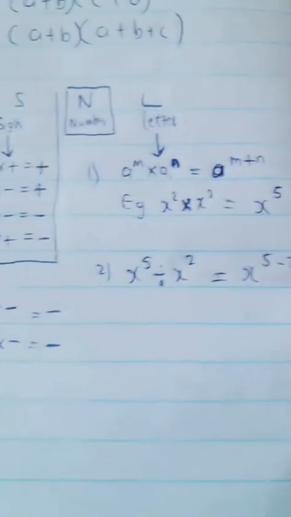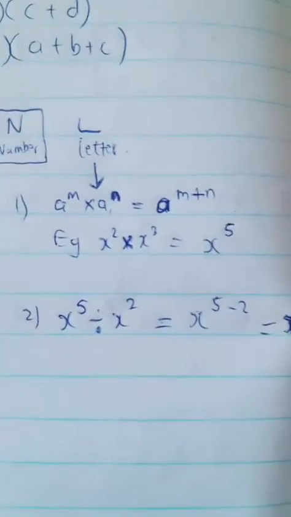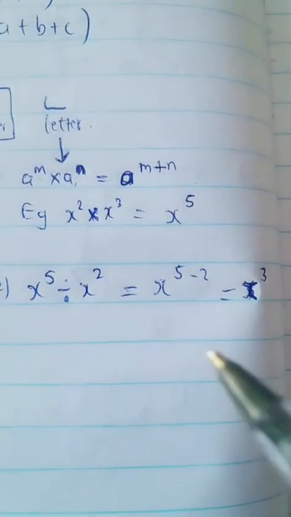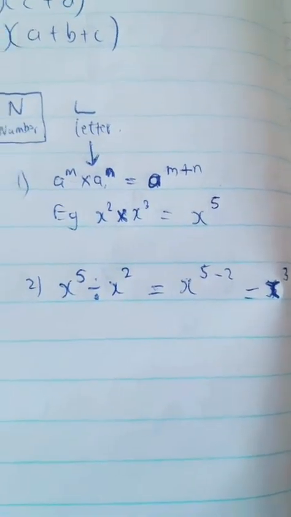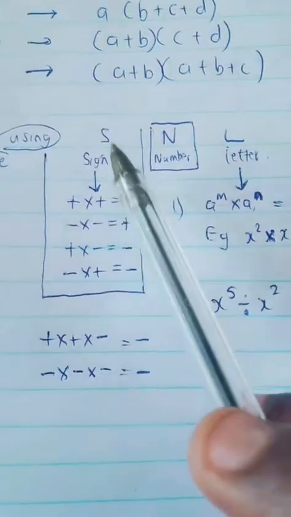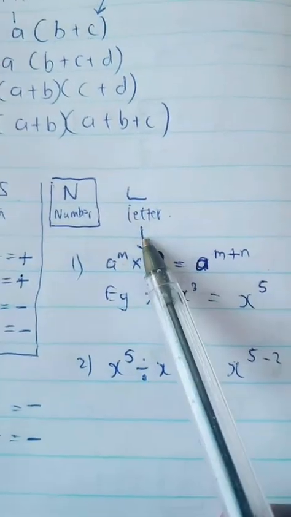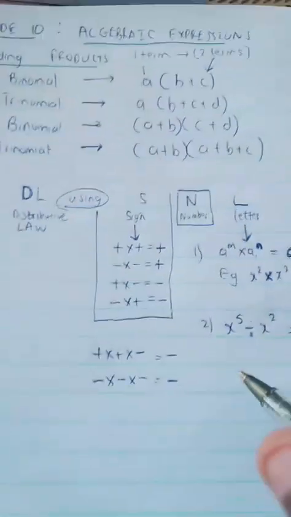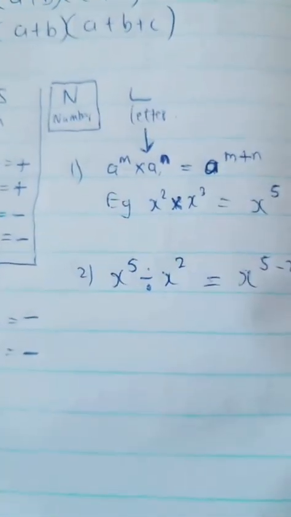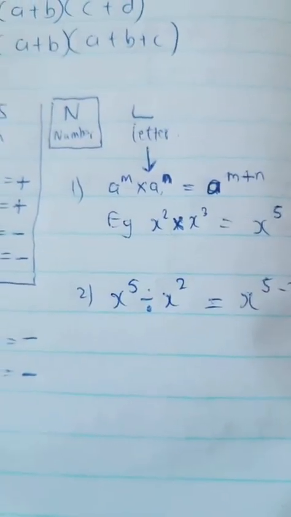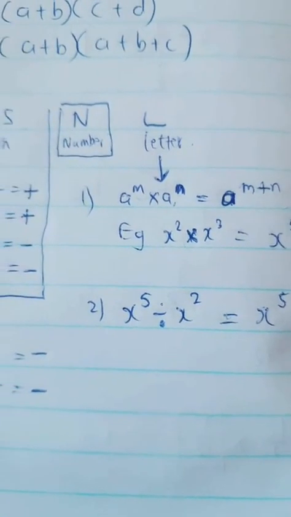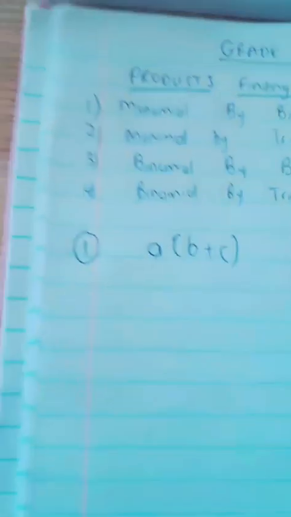These laws are very important, and we need to remember them when we do these sorts of problems: multiplication of signs, multiplication of numbers, multiplication of letters. And yes, you are right, there are many other laws, but for the purpose of what we are going to do, law number 1 and law number 2 are very important.